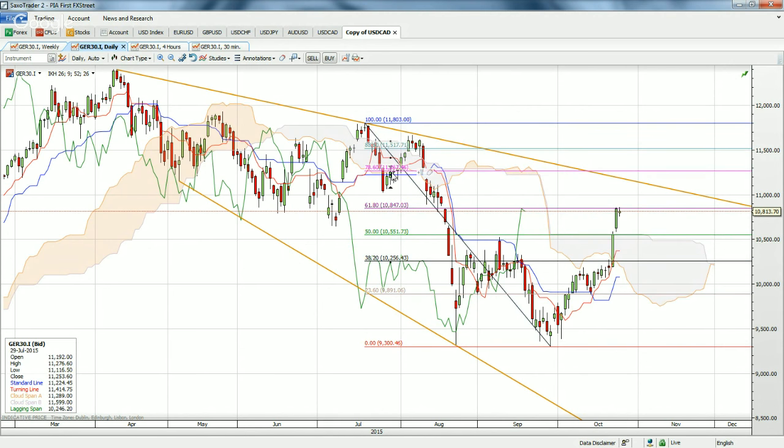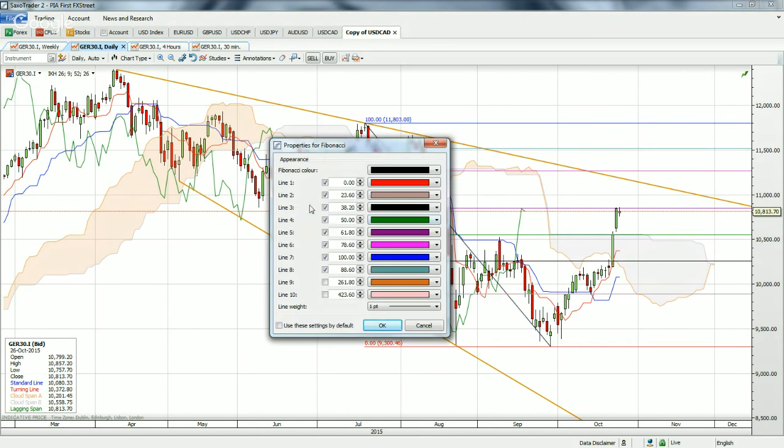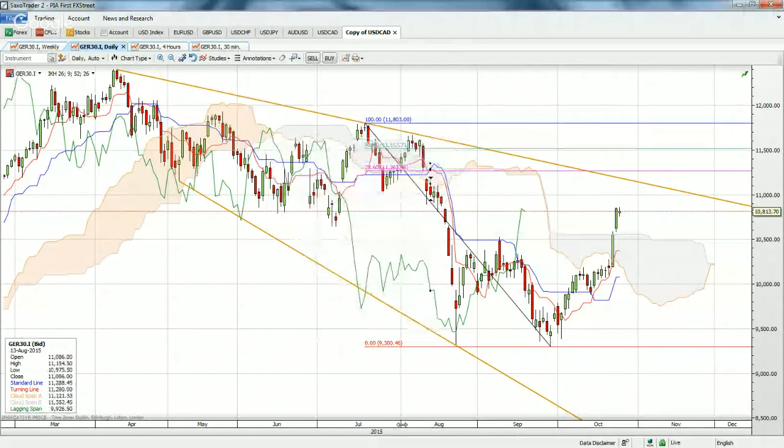Okay, this is the 78.6% reversal fib, and if we just drop some of these off, so we can see a bit clearer.